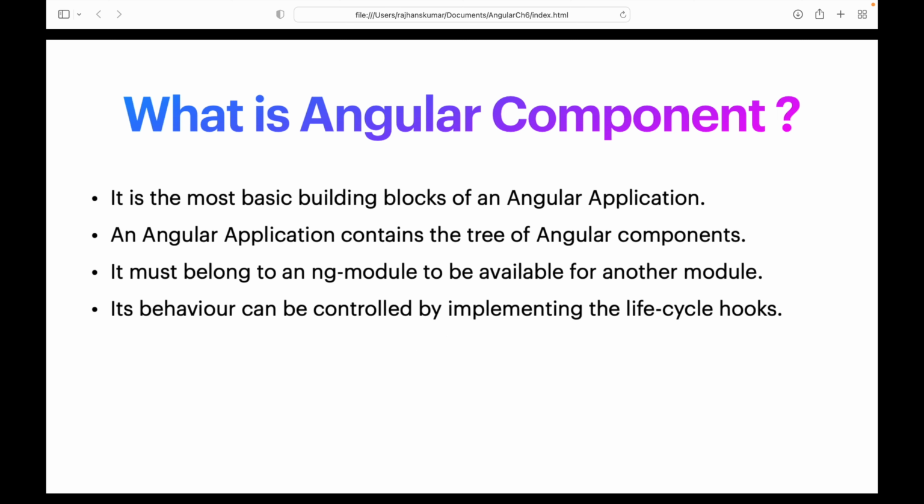Next, a component must belong to an ng module to be available for another module. That means we must add it inside an ng module, at the top or root component basically. We'll see it.